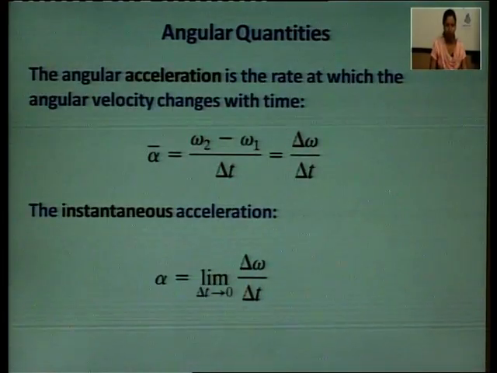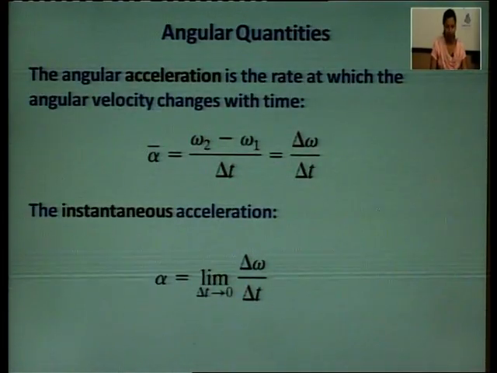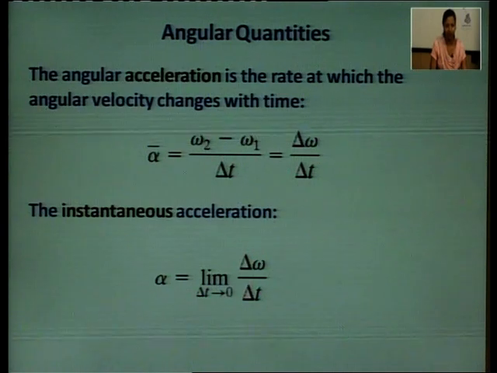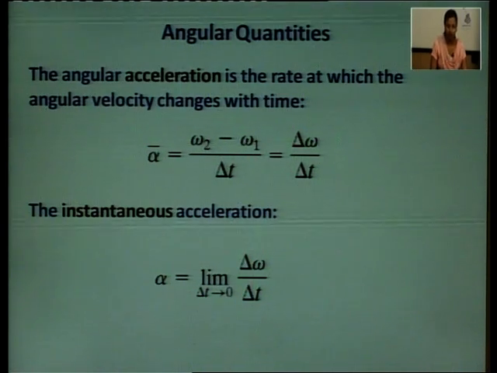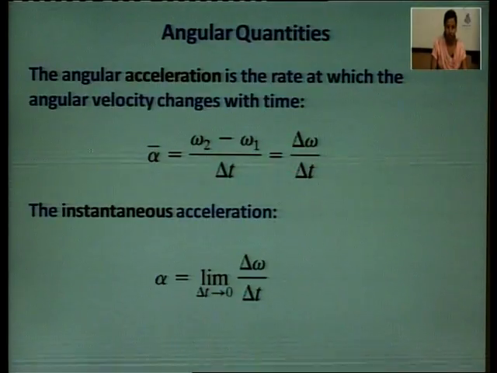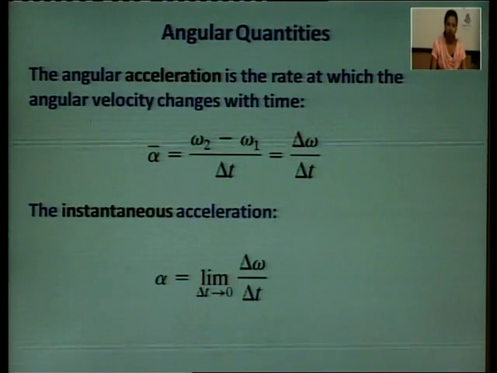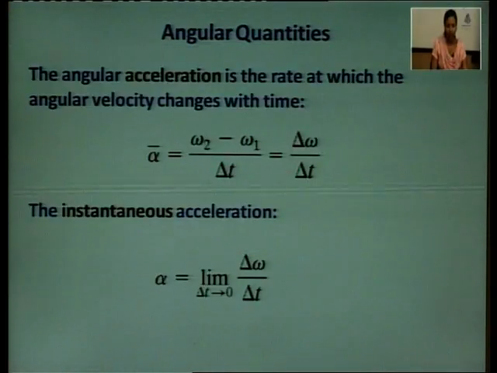Next important quantity in circular motion is angular acceleration. It is defined in a similar way as in linear motion. It is the rate of change of angular velocity with respect to time. So, omega 2 is the final angular velocity, omega 1 is the initial angular velocity.